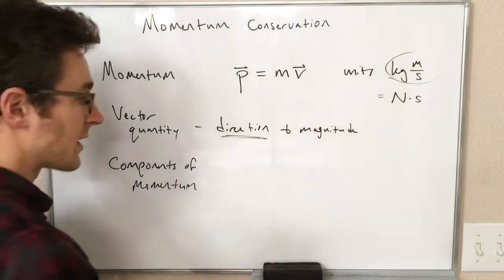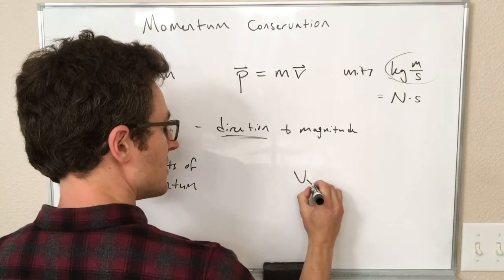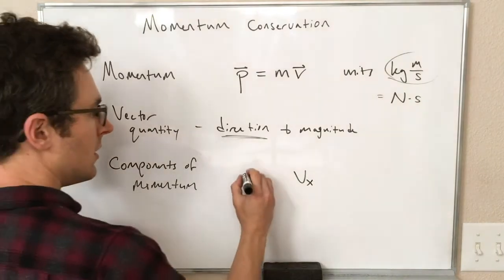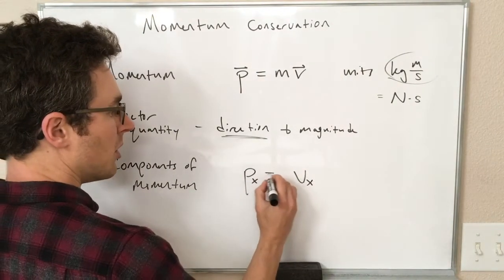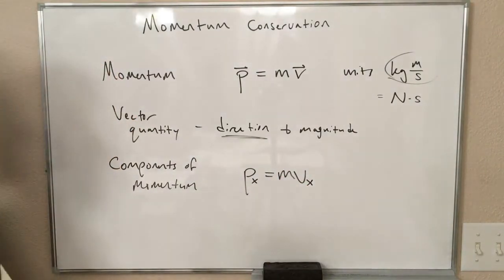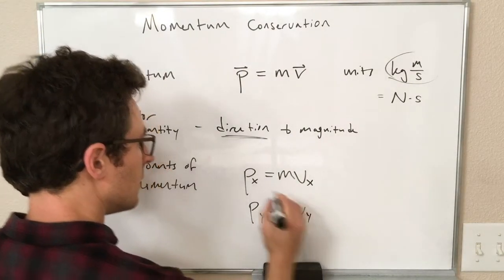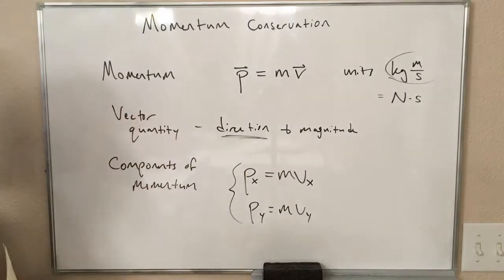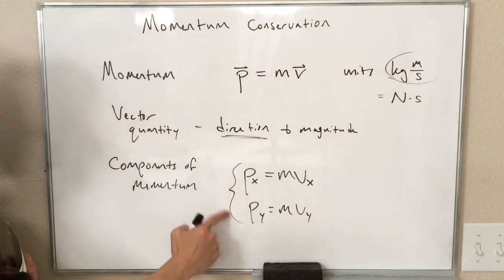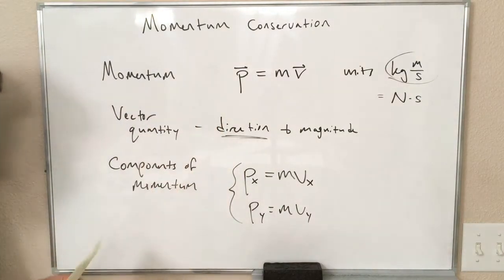If I have an object moving with a velocity in the x direction, its momentum has an x component that is equal to mass times that. And of course, we get the same equation in the y direction. So these are the two directions of our momentum definition equation.